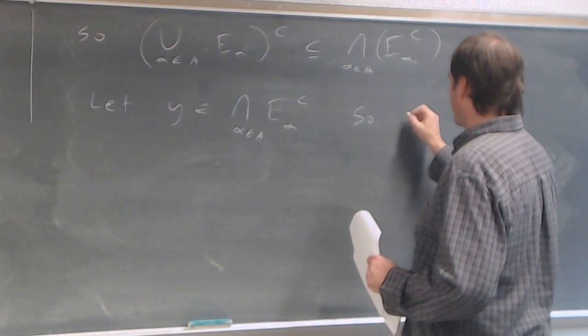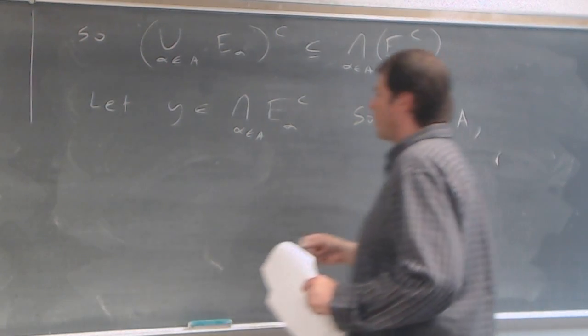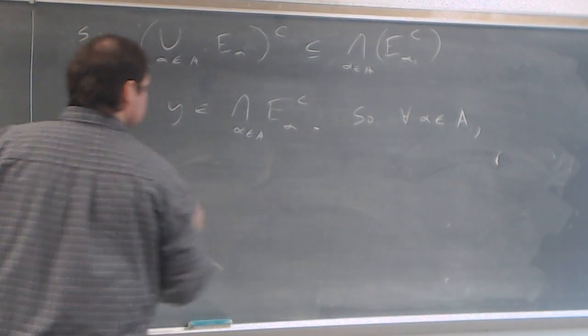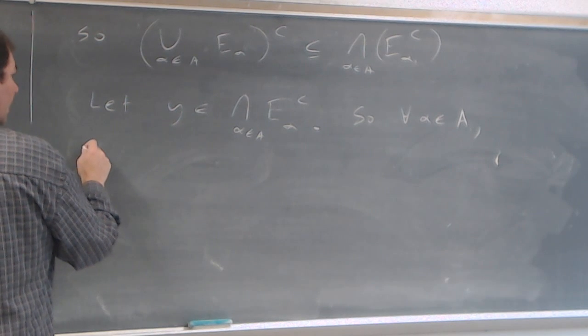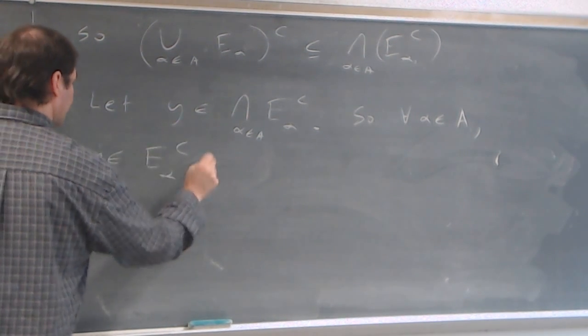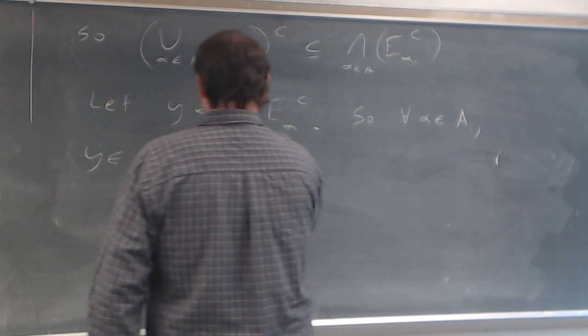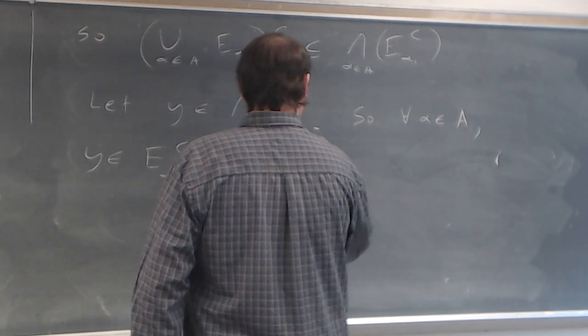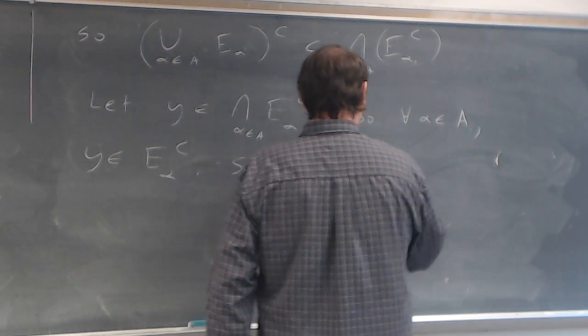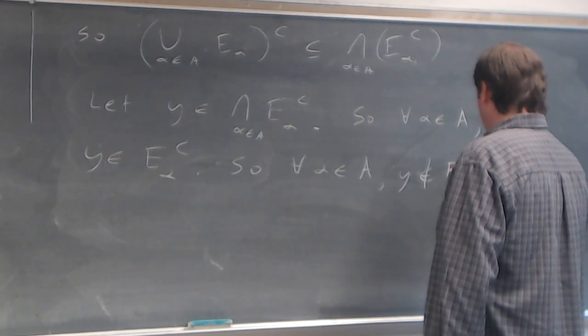So, for each alpha element of A, what we know is that Y is an element of E alpha complement. So, for every alpha in the indexing set, Y is not an element of E alpha.